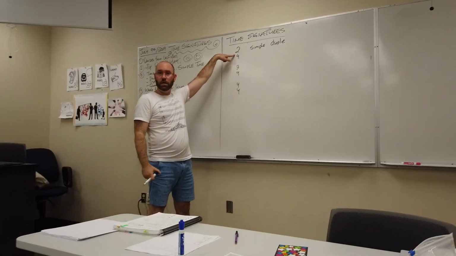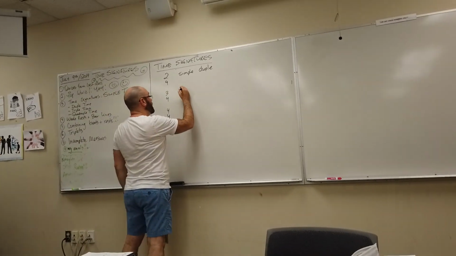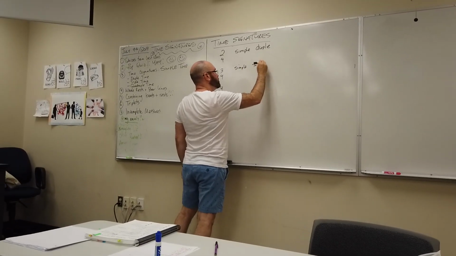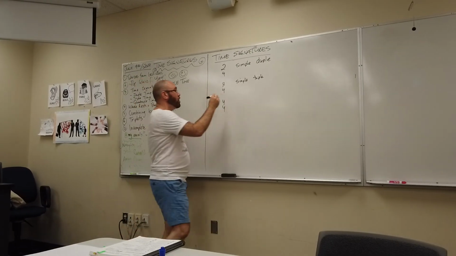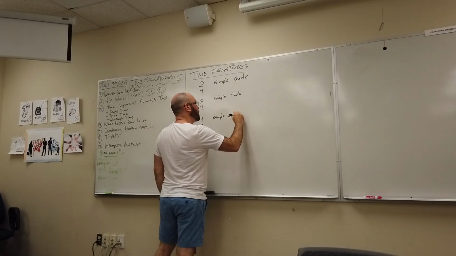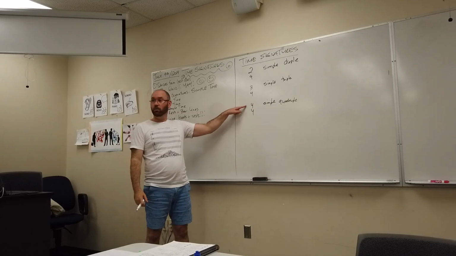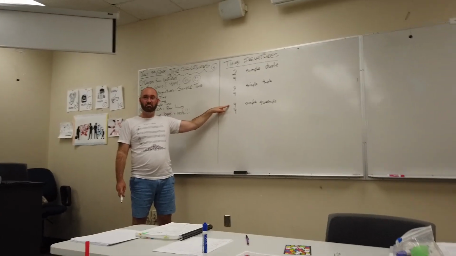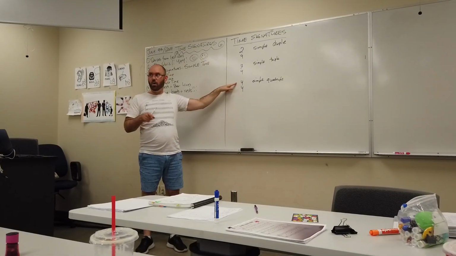Duple as in 2, because it has 2 beats. If there's a 3 on the top, we call this simple triple time. Triple because there's 3 beats. And if there's 4, we call it simple quadruple time. Because quadruple means there's 4 beats. Does everybody get that? Say yes if you understand. Yes. Say no if you don't.